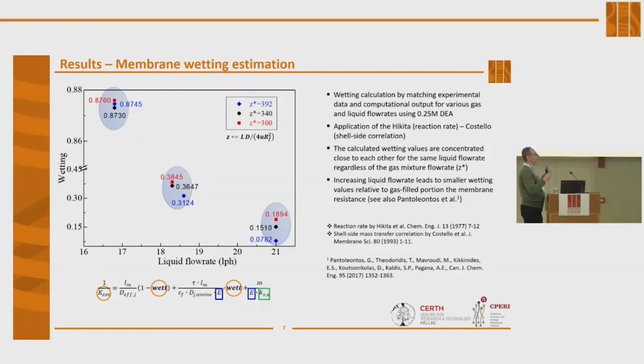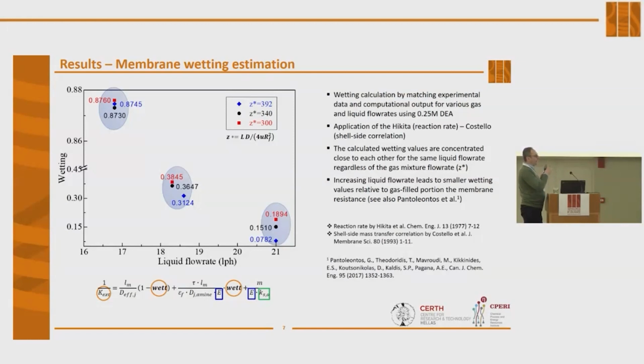But the problem is that we might not have the same mass transfer mechanism in the liquid bulk, cell side, and the membrane pores. So, by incorporating the enhancement factor E in the liquid filled parts of the pores, it is in the denominator so that the resistance decreases.